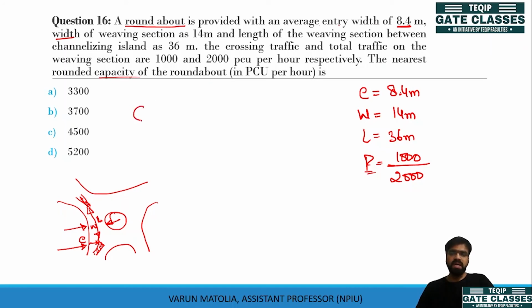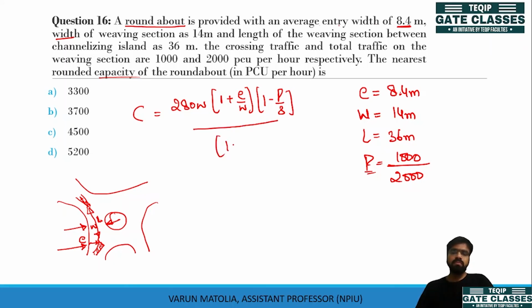So we know that formula of capacity is this. This is the formula for capacity. Go to the formula if you find any problem.